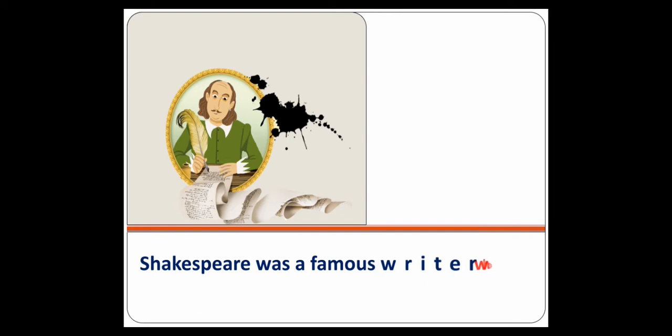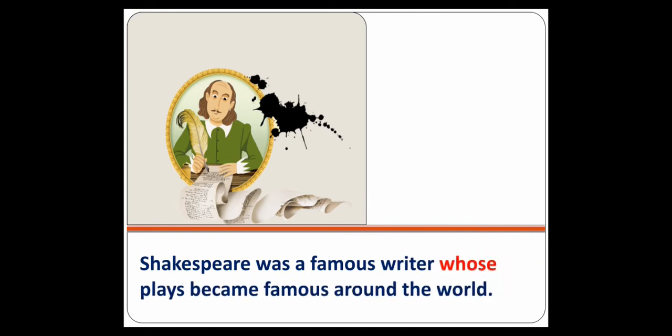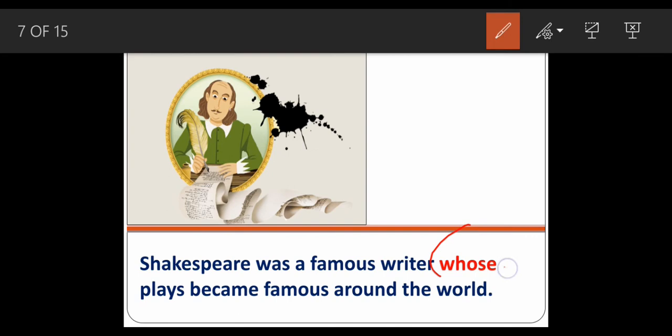Now let's look at other examples. In this sentence here, Shakespeare was a famous writer whose plays became famous around the world. Now here we have whose plays became famous around the world. So this is the relative clause.